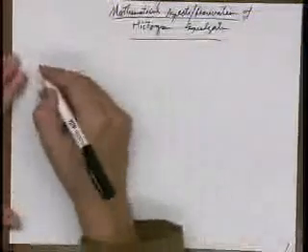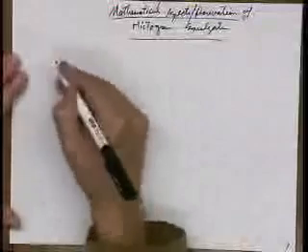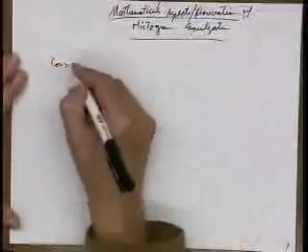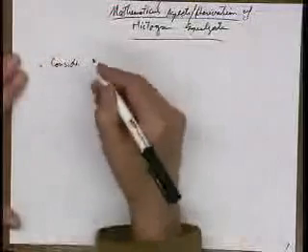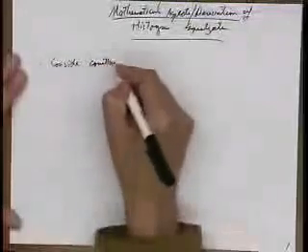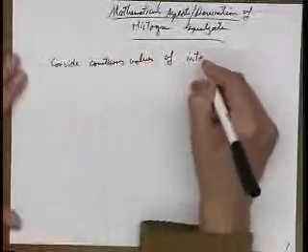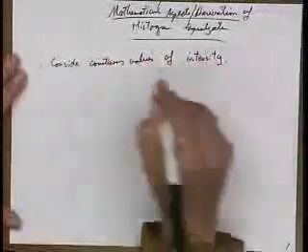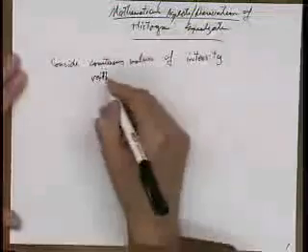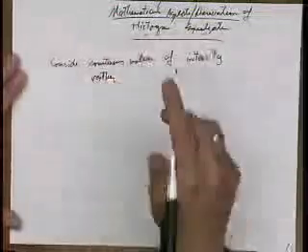So the setup is the following. For this derivation, I'm going to consider continuous values of intensity, rather than discretized, and I'll discretize this in just a second as well.